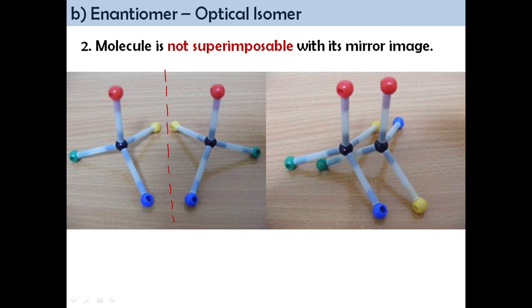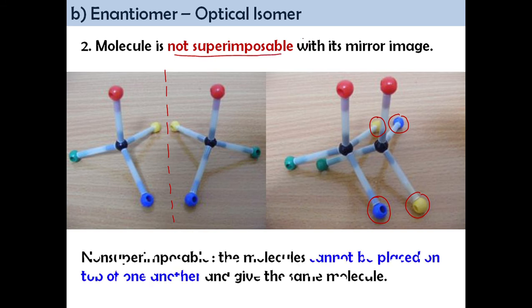Okay, boleh nampak, okay, this is not same. Okay, so when this is not the same group, means dia tidak superimposable, tidak bertindih. Okay, non-superimposable, the molecules cannot be placed on top of one another and give the same molecule. So, boleh faham dia tidak bertindih kerana grup dia adalah berbeza.